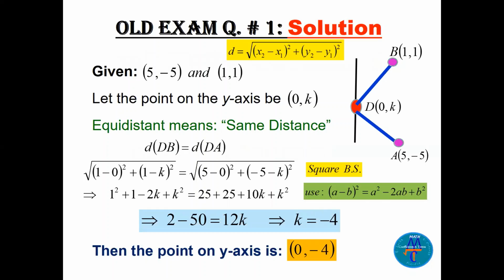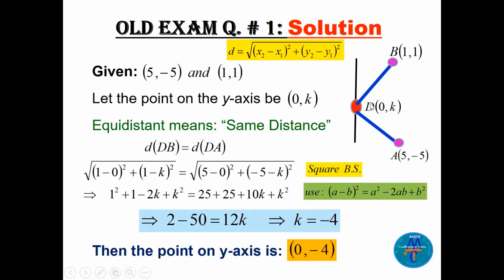Now look at the nice sketch here. Just imagine that the point on the y-axis is (0, k), because we don't know, it could be (0, 7), (0, 50), (0, -1), maybe (0, 0), it depends. It's 0 something, so I put k.